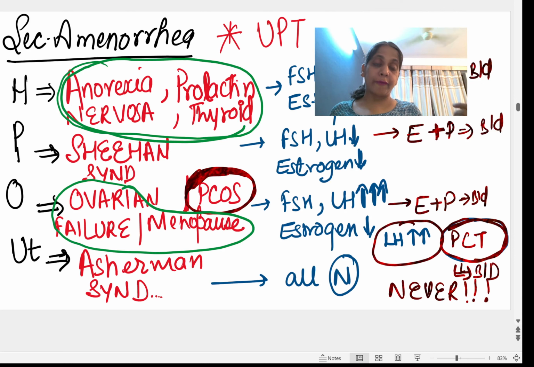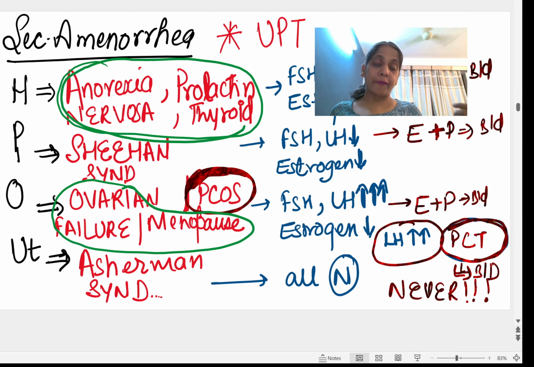Okay, so CA endometrium, what is there? You know that increased endometrium proliferation is there. If factors are present which increase endometrium proliferation, then there will be increased risk of CA endometrium.